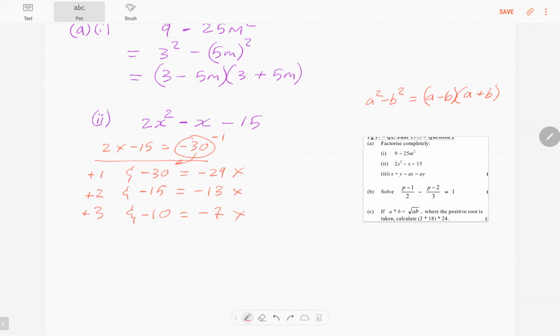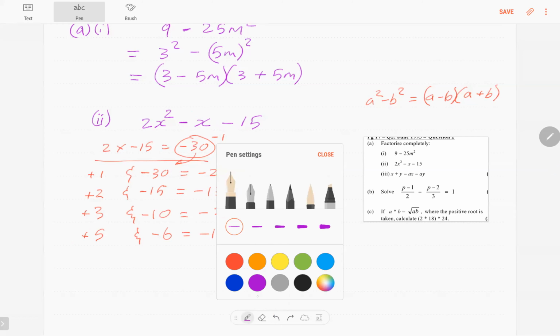All right, so the next two factors of 30 will be 5 and 6. Okay, the larger one, the negative, the smaller one, the positive, and these add to negative 1. So it means that the negative x here, which is negative 1x, we're going to convert it to 5x minus 6x, or minus 6x plus 5x, right?